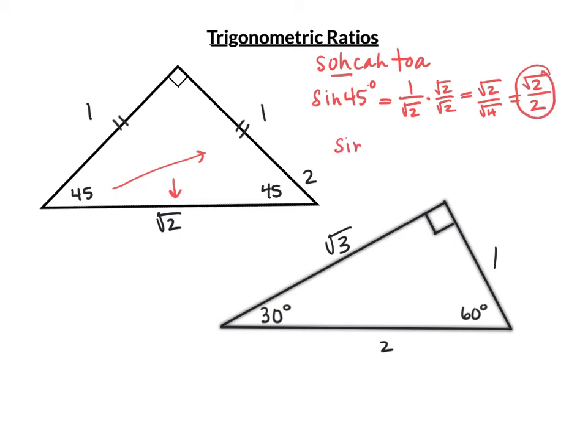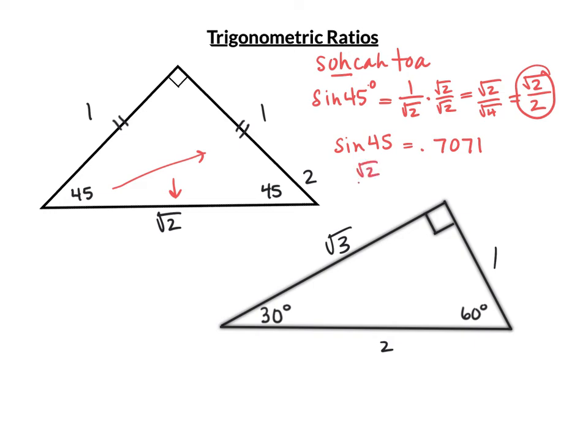Notice that if you go to your calculator, the sine of 45, you get 0.7071067812. We can't be exact. We have to approximate when we find sine, cosine, and tangent a lot of the time, majority of the time. But we can find the exact value of sine of 45.